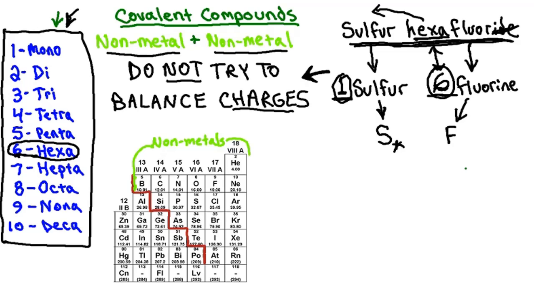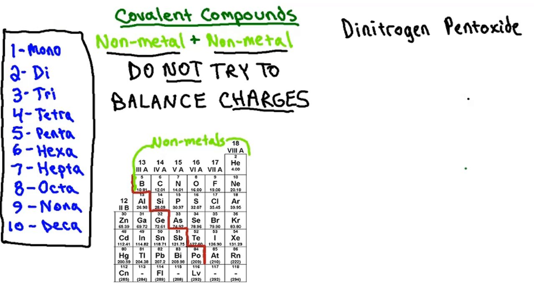So we're going to put 6 as a subscript to F to let everybody know that there are 6 atoms of fluorine. So altogether, sulfur hexafluoride is going to be SF6.